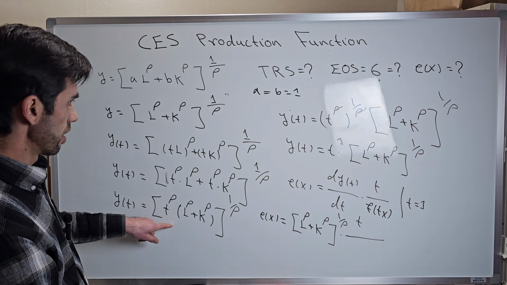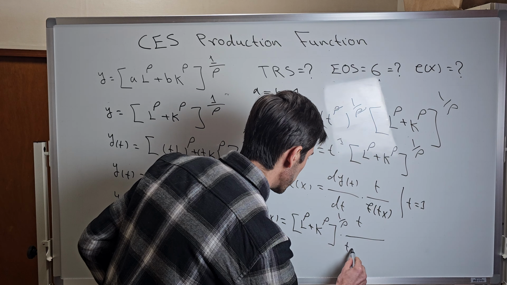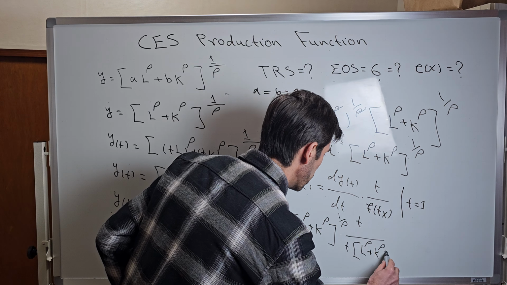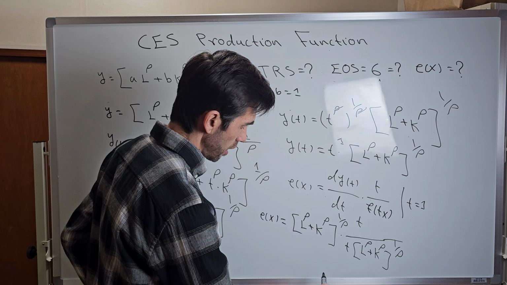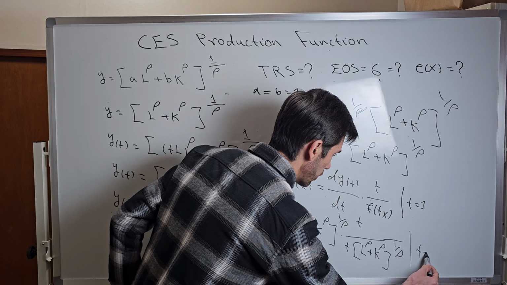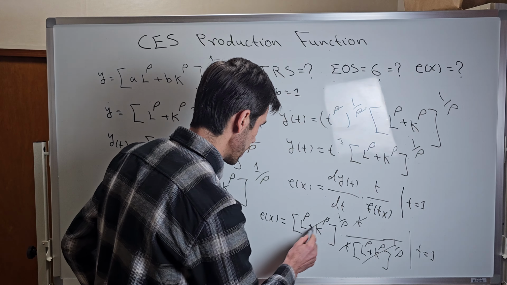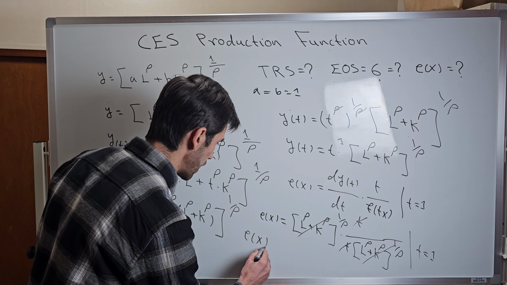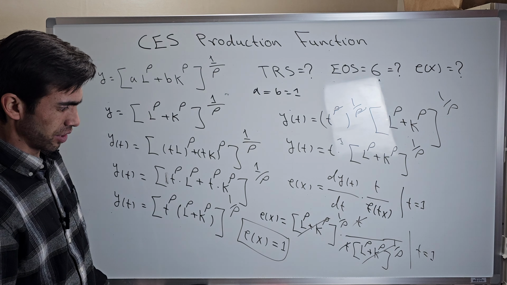F of Tx is equal to this one. Then we'll have T divided by L to the power of rho plus K to the power of rho all to the power of 1 over rho. Either you evaluate this at t equal to 1, or cancel this one with this one and also this one with this one, then the elasticity of scale for the case of the CES production function is equal to 1.